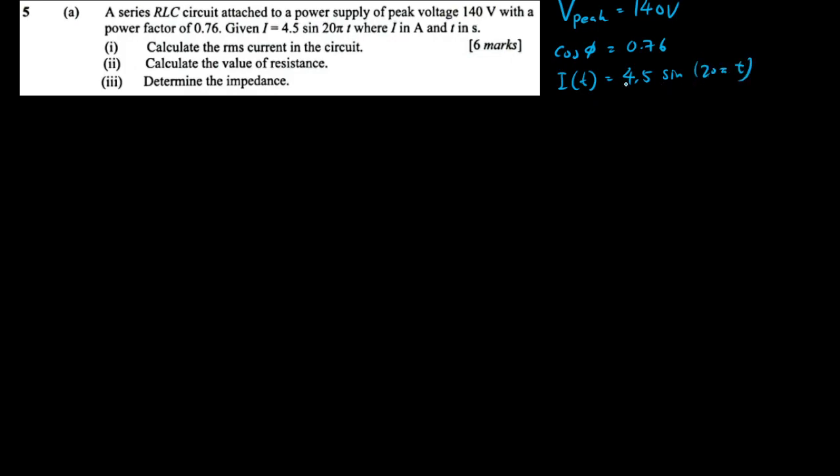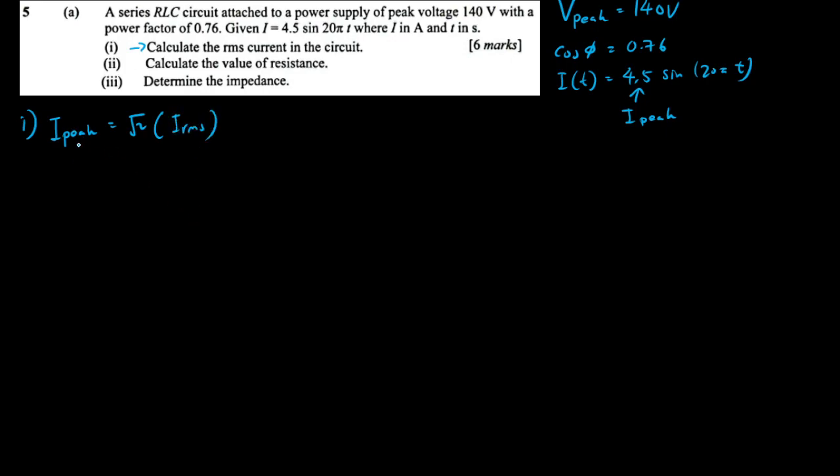So the important part here is to recognize that this is the peak current. Okay, and then the first thing I need to do is calculate the RMS current in the circuit. So for part 1, I know that my I peak is going to be the square root of 2 multiplied with I RMS.